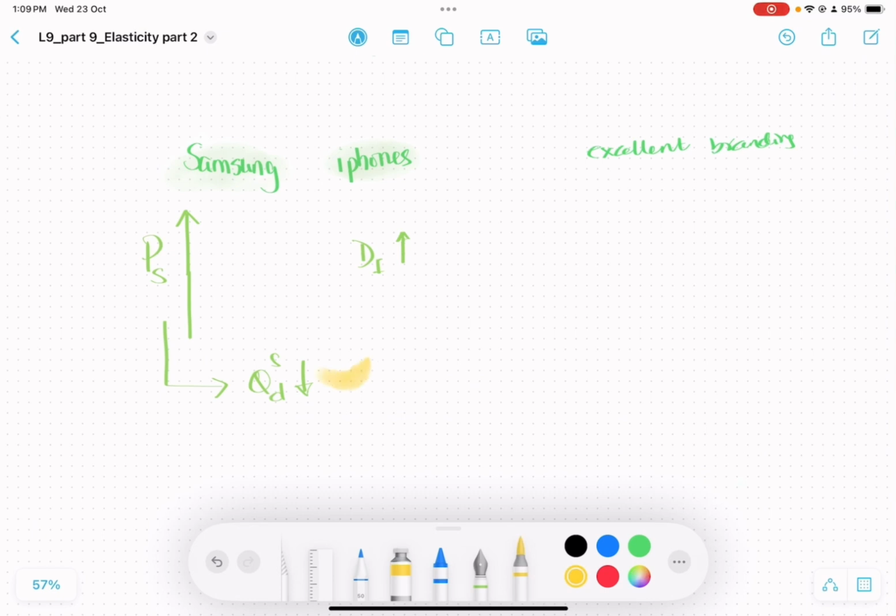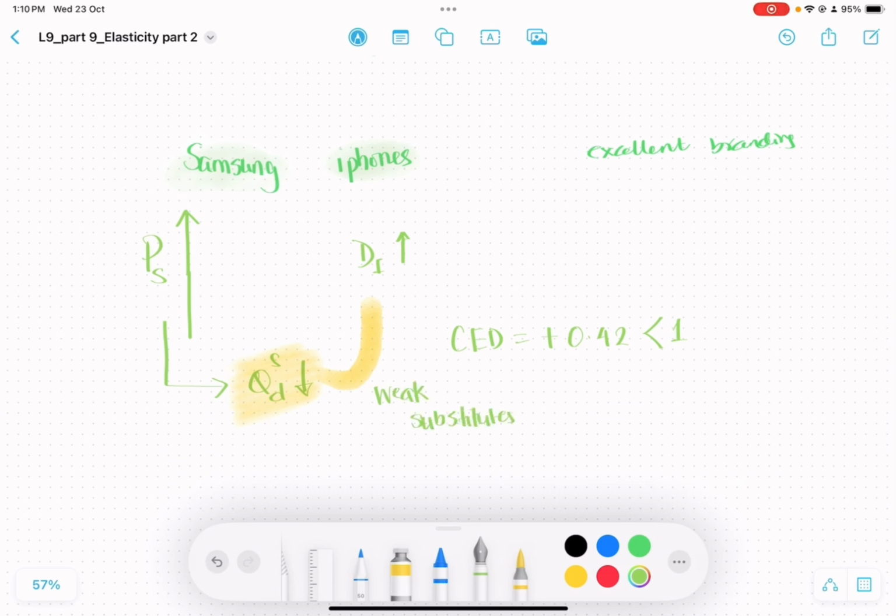So some of these people end up switching to iPhone, but most of them stick to consuming Samsung. Okay, so that is why we end up getting a cross elasticity of demand which is a pretty small number. What did I say it was? I said that it was 0.42, which we know is less than 1.